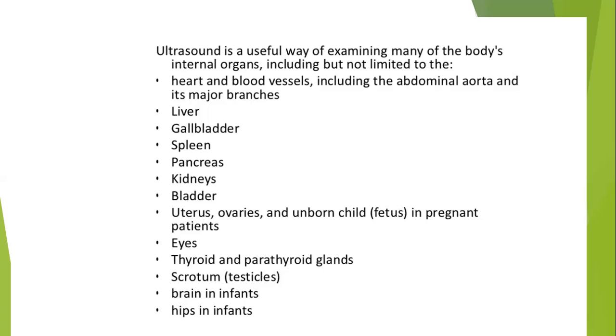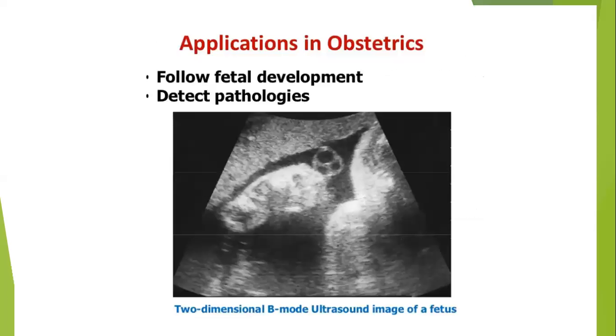And the torsion of the spermatic cord, because if there is a compromise of these structures, this person would have to go immediately to an OR, right? So some applications in obstetrics to follow the fetal development and to detect pathologies.